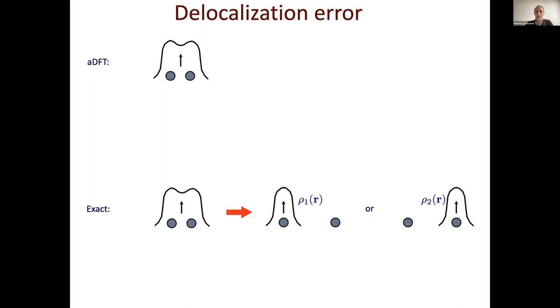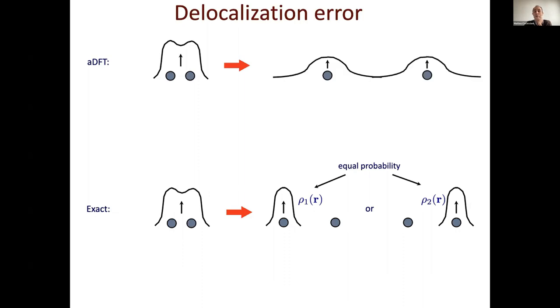And if you call ρ1 and ρ2 the two densities, those two solutions have equal probability, of course, because of the symmetry of the system. If you do it with an approximate exchange correlation functional using DFT, you end up with something like this, half spin on each site independently of the distance.